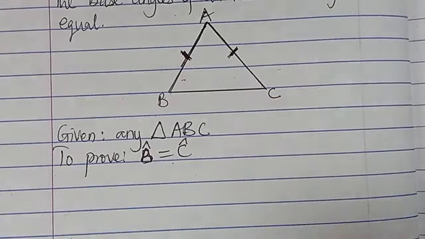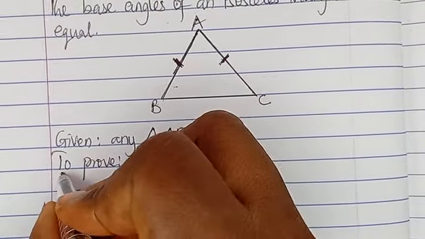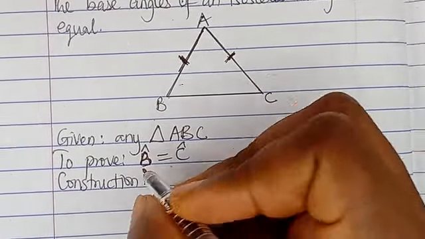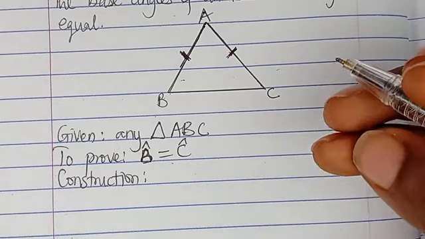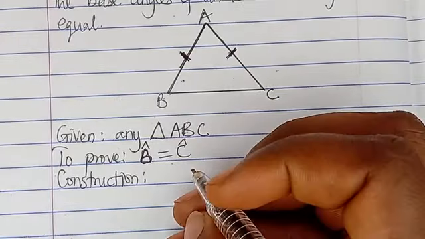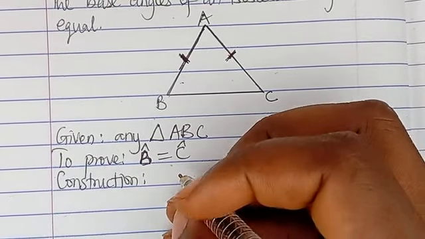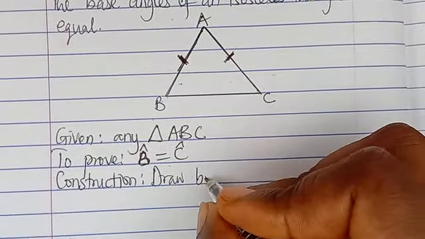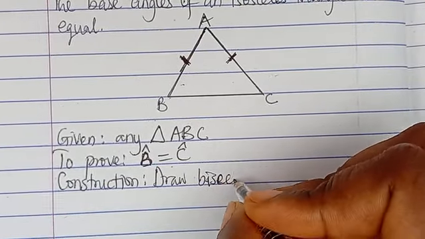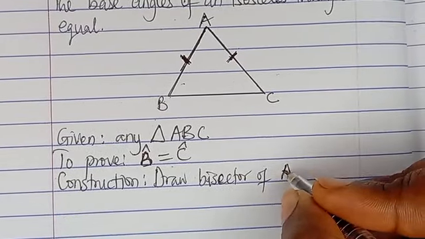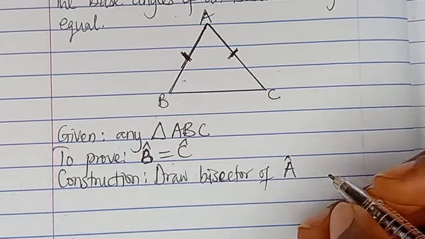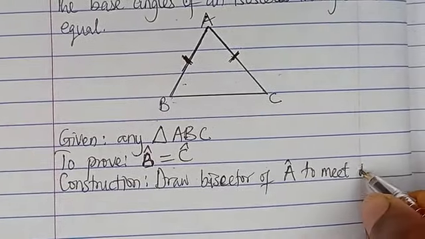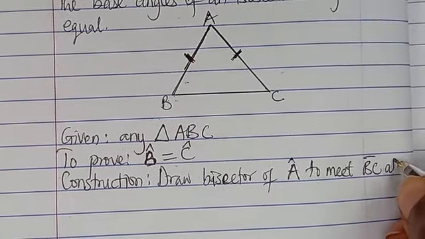Now, in this particular proof, we are going to have some constructions. It is not in every proof that we have construction, but in this particular one, we have. Our construction is that we are going to draw a bisector of angle A to meet this line BC at a point.